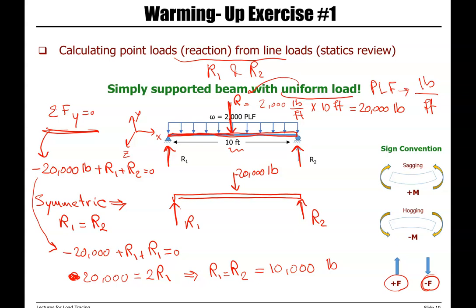We calculated the resultant of the uniformly distributed load, 2,000 pounds per foot, for a total length of 10 feet, which gives us 20,000 pounds. 20,000 downward, R1 and R2 upward. We calculated the end reactions as 10,000 pounds for each end reaction.